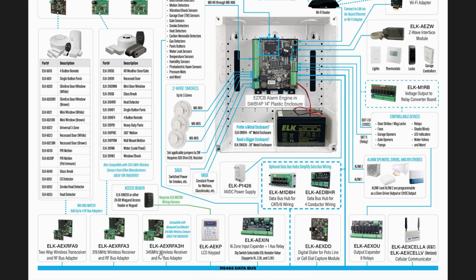You could take one of our XRF modules, put it on the bus, use the RF3H module, and that'll give you the 345 megahertz. So you can tie these in and expand, and that gives you the expansion into the wireless devices.